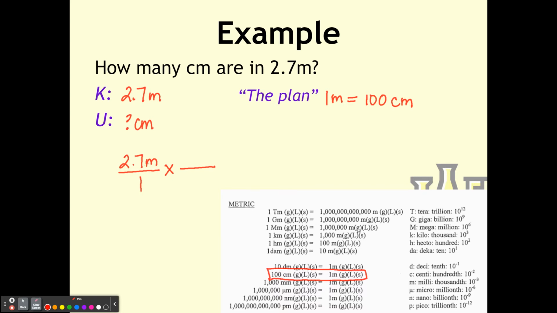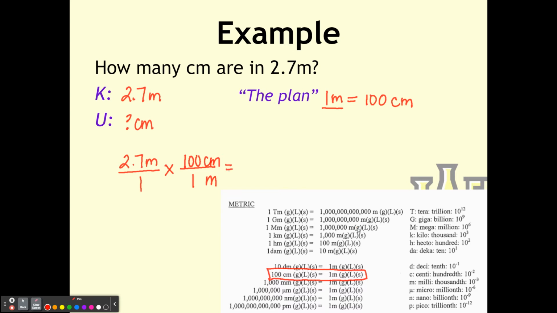So we have meters on top here. We want those to cancel out. So we're going to put our meters on bottom over here. The number that goes with meters is 1. On top, we have the other side of the equation, so 100 centimeters. My unknown should match my last thing. My known should match my first thing.